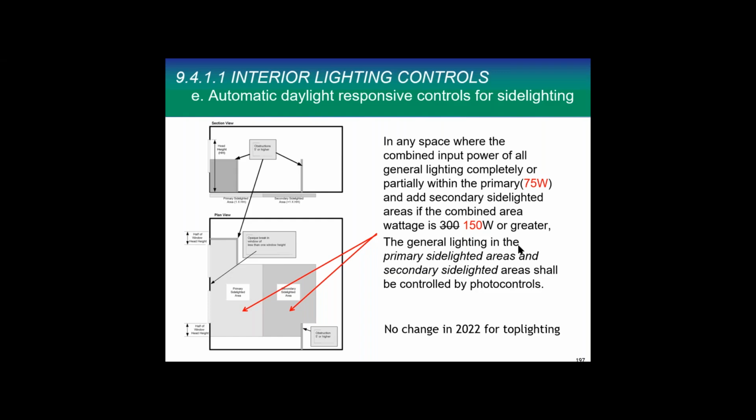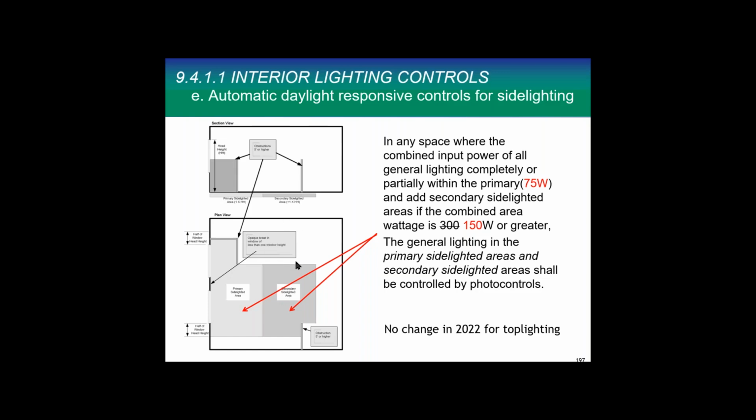So the general lighting of the primary sidelighting areas and secondary sidelighting areas shall be controlled by photo controls. So this is a separate control system for each one, and each one has a dimmer, 0 to 100% dimmer, that it's using to supplement the lighting it's getting from the daylight.